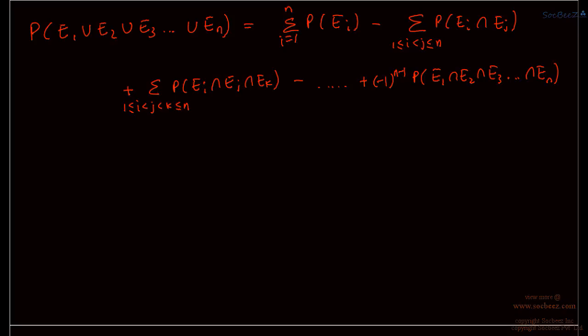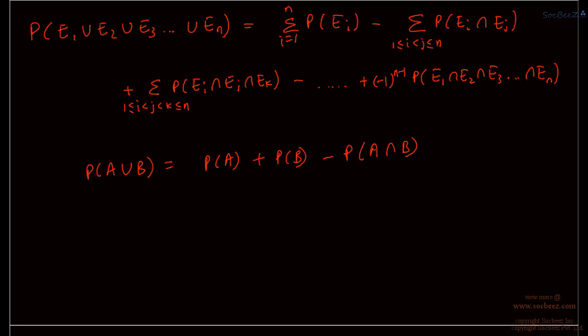So if I write it for two events A and B, I have only E1 and E2. E1 is A and E2 is B. What I get is P of A union B is P of A plus P of B minus P of A intersection B. So this is a very simple result here.